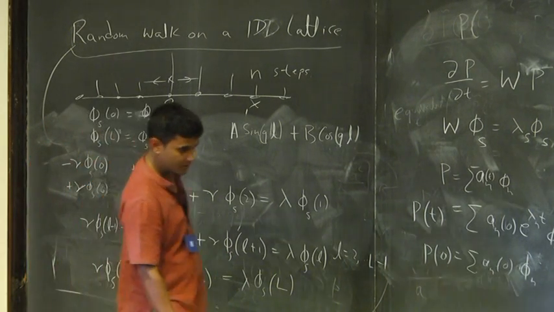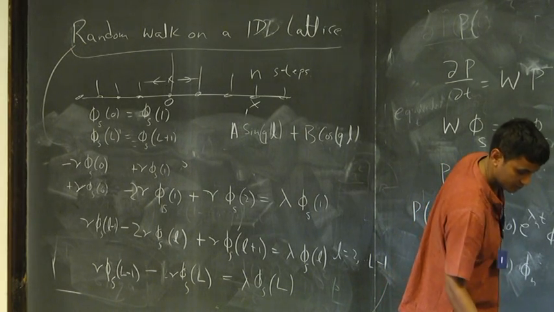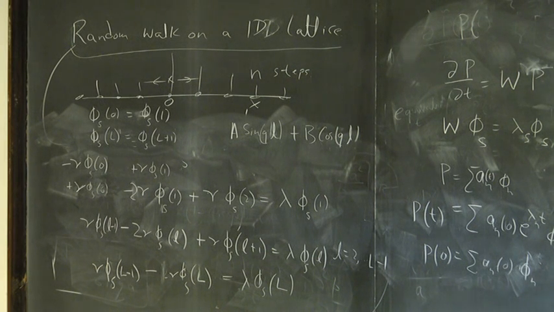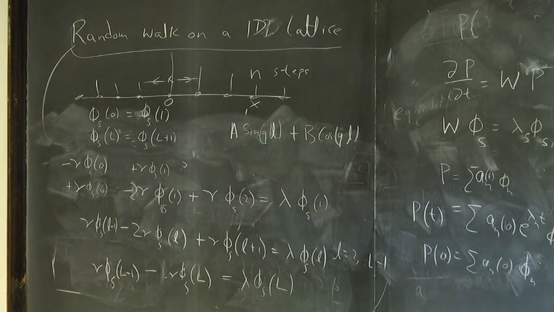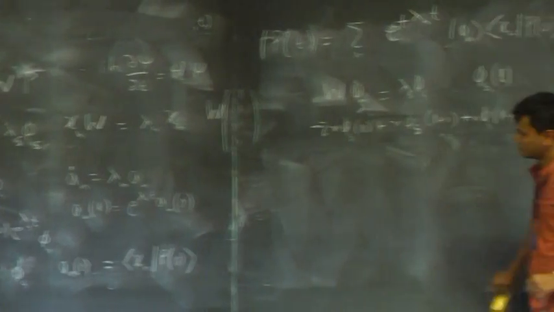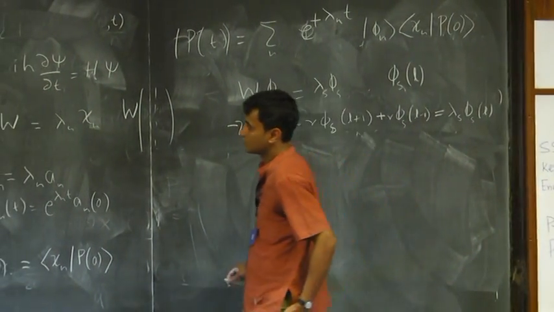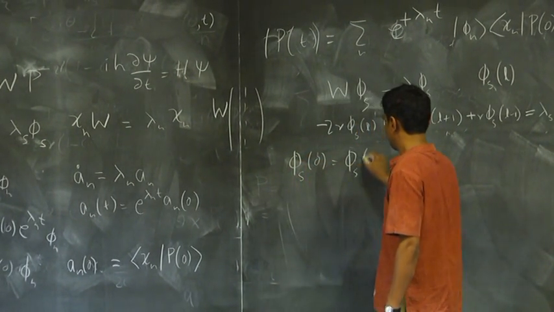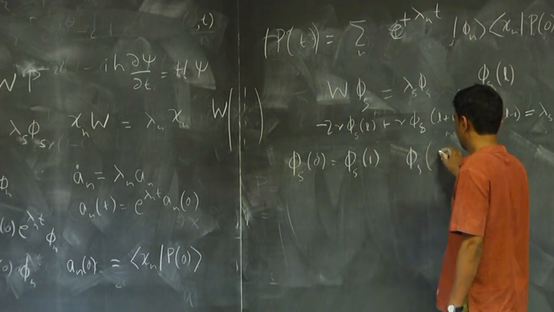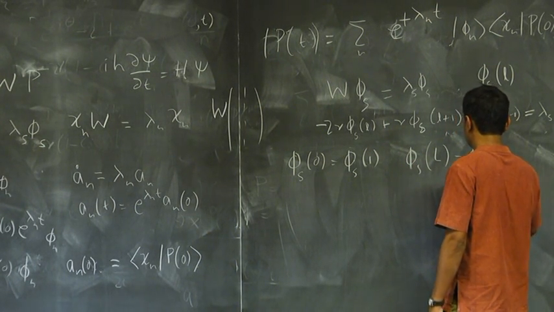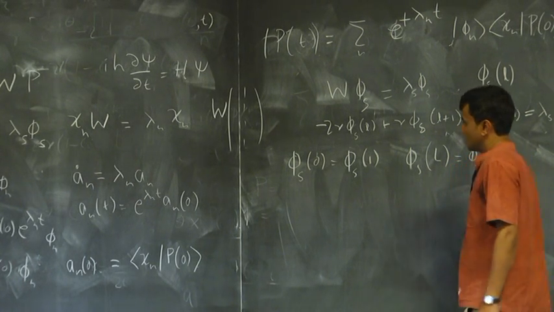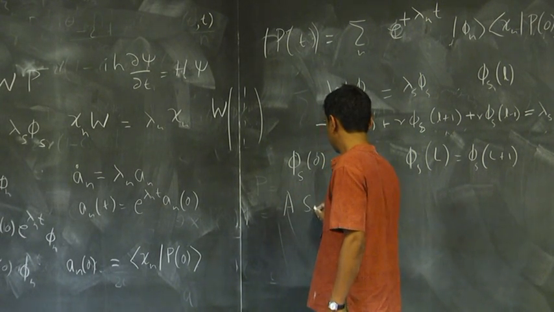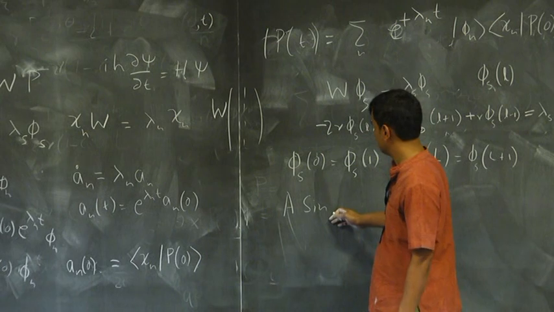Okay, so if you put this one, let's now do this. So the first thing gives A sin 0, which is 0.